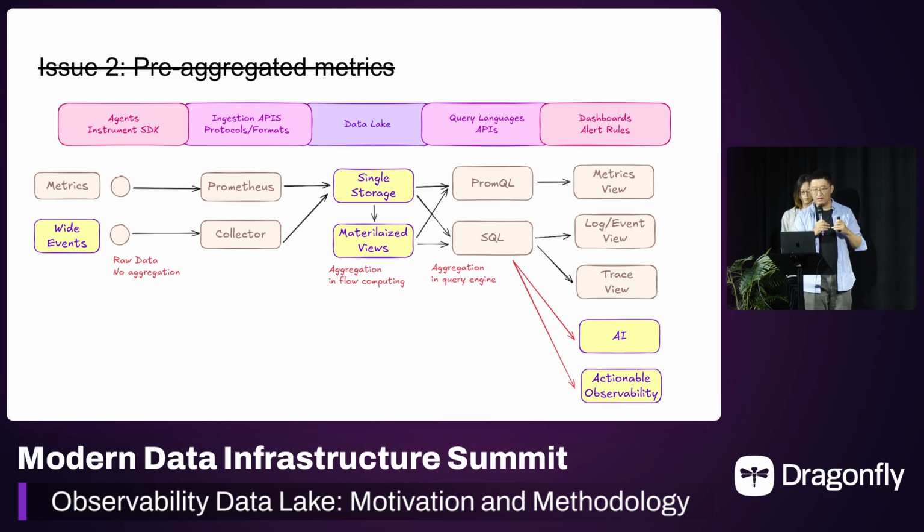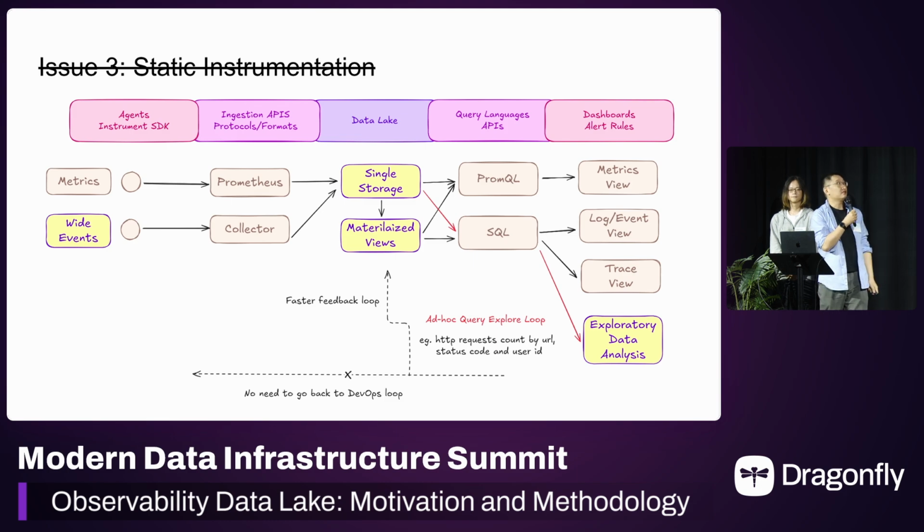So this will add more capabilities, more possibilities for AI applications and also actionable observability tools, because we have the raw data. We can provide more information to these AI tools. AI tools are very good at making decisions based on context information. And this is to address the pre-aggregation issue.